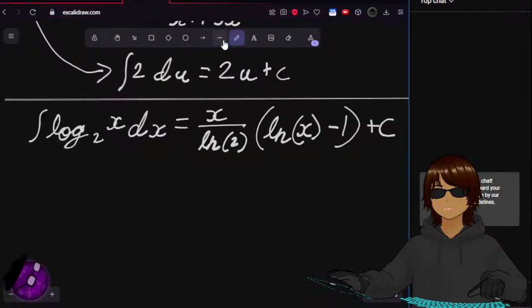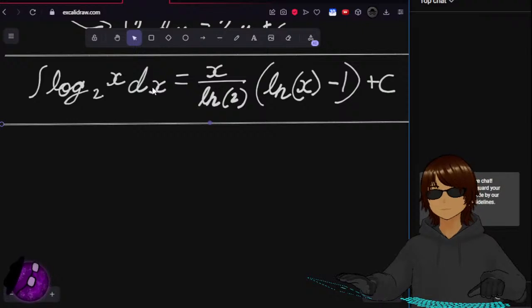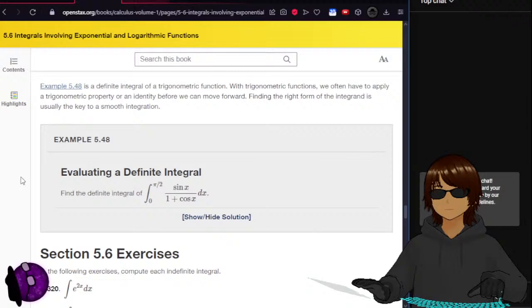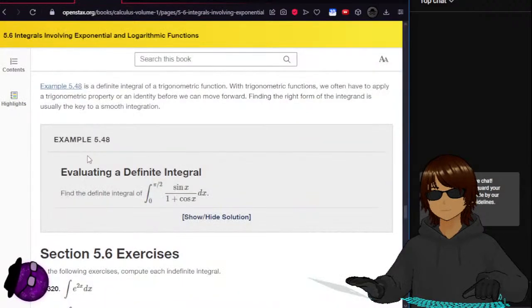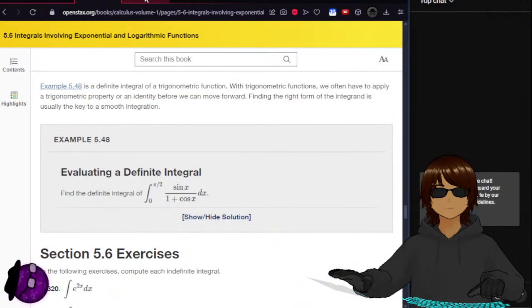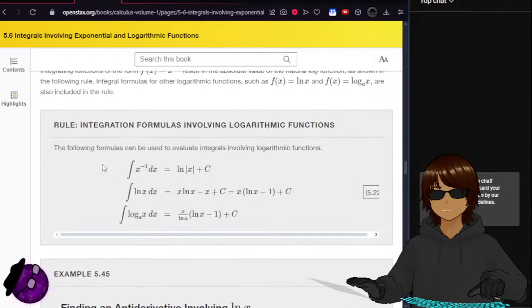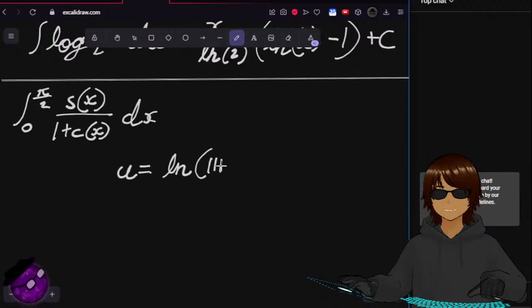Let me do this last one and then I will end the stream. So when it comes to 1 over x, the antiderivative is ln of x plus c. Let's do 1 plus cos x.